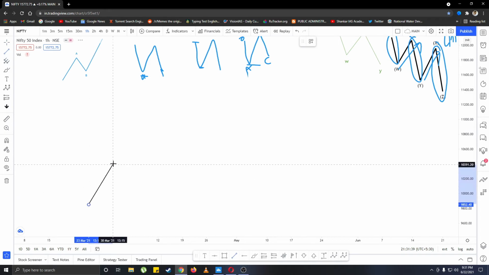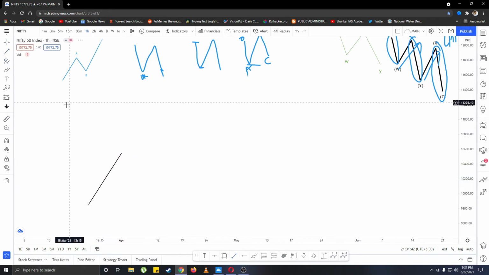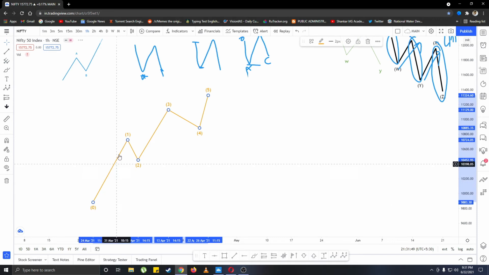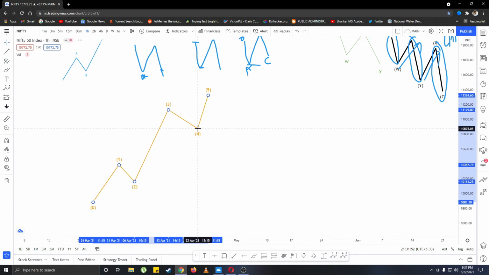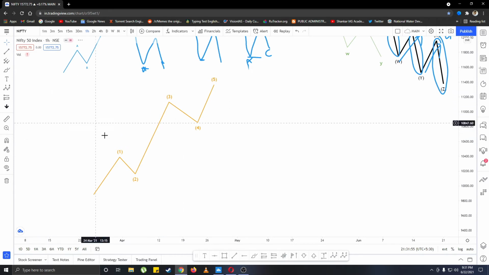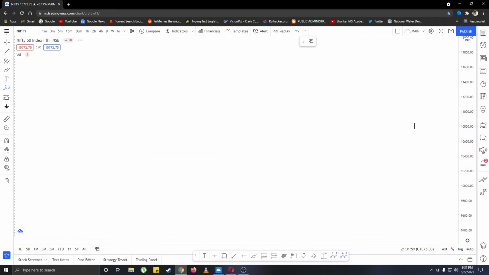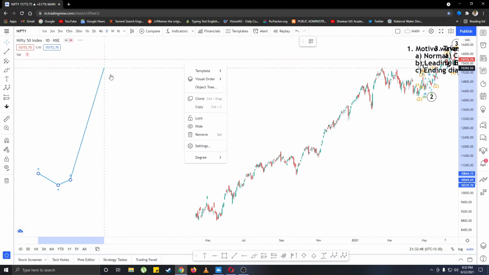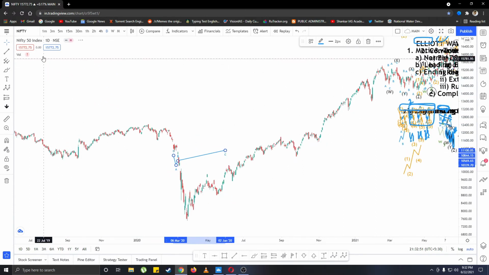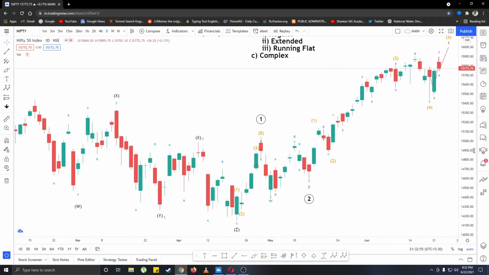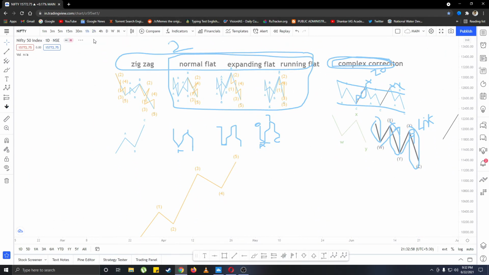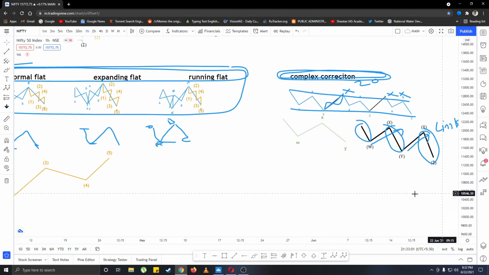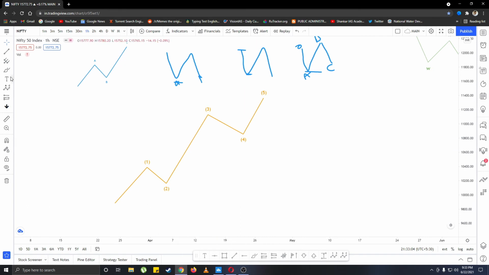So let's talk about wave 1 and wave 2. Now, for example, we have wave 1, 2, 3, 4, and 5.